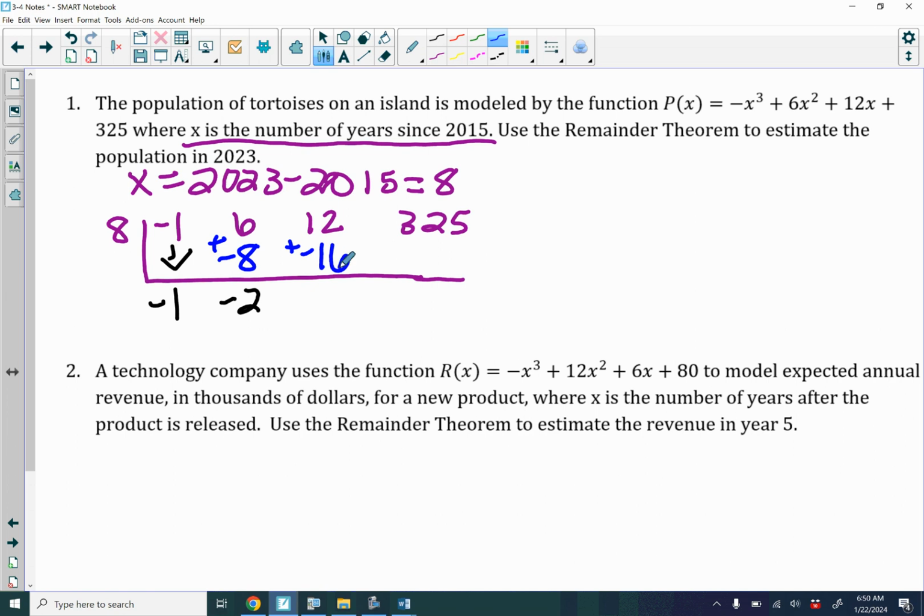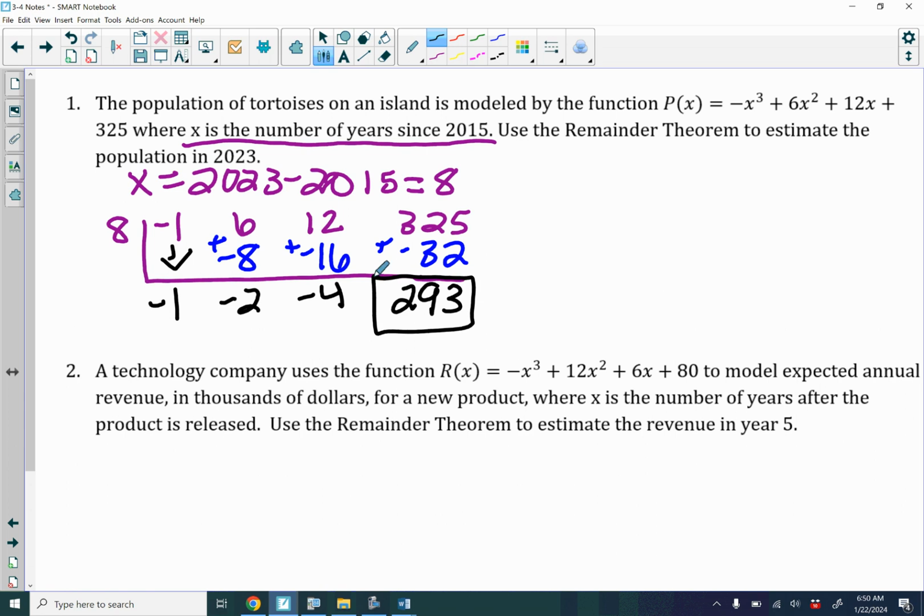So I do 12 plus a negative 16. That gives me negative 4. And then 8 times negative 4 gives me negative 32. This one you may need to plug into your calculator. So 325 plus a negative 32 is 293. This is our remainder.